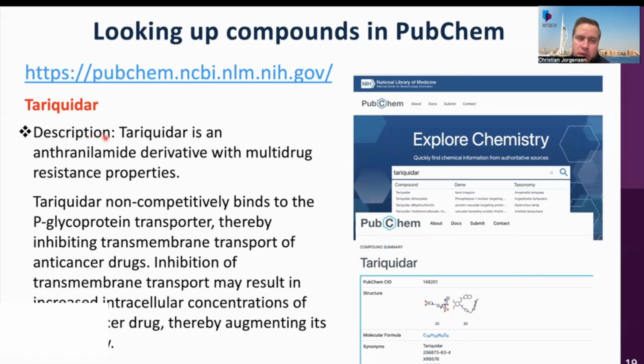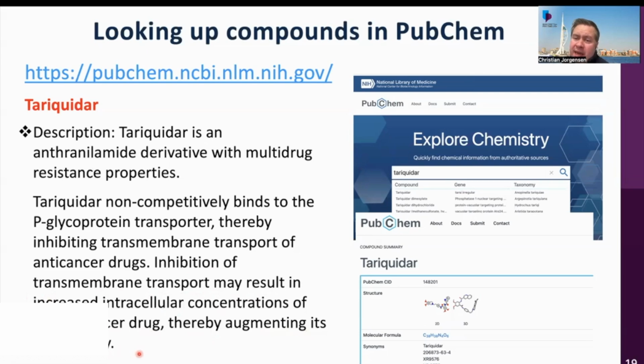So, according to PubChem, tariquidar is an anthranilamide derivative with multi-drug resistance properties. Tariquidar non-competitively binds to the P-glycoprotein transporter, thereby inhibiting transmembrane transport of anti-cancer drugs. Inhibition of transmembrane transport may result in increased intracellular concentrations of an anti-cancer drug, thereby augmenting its cytotoxicity.